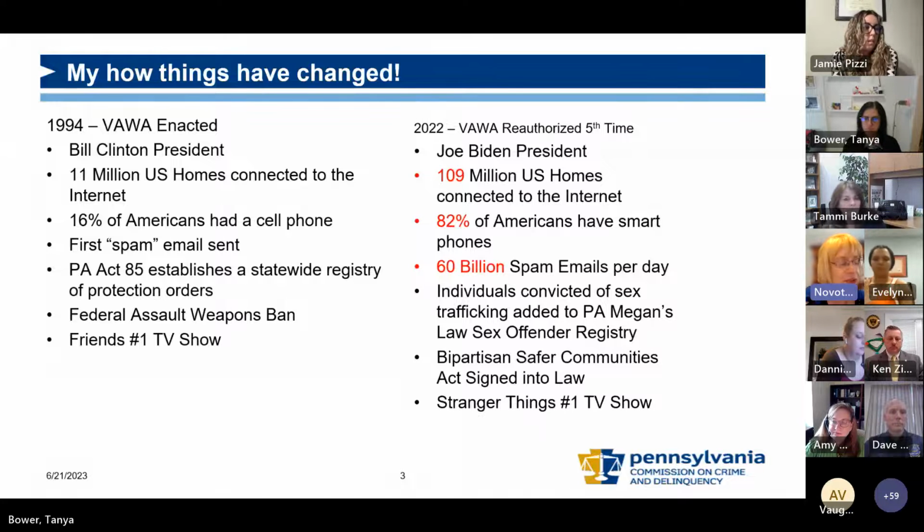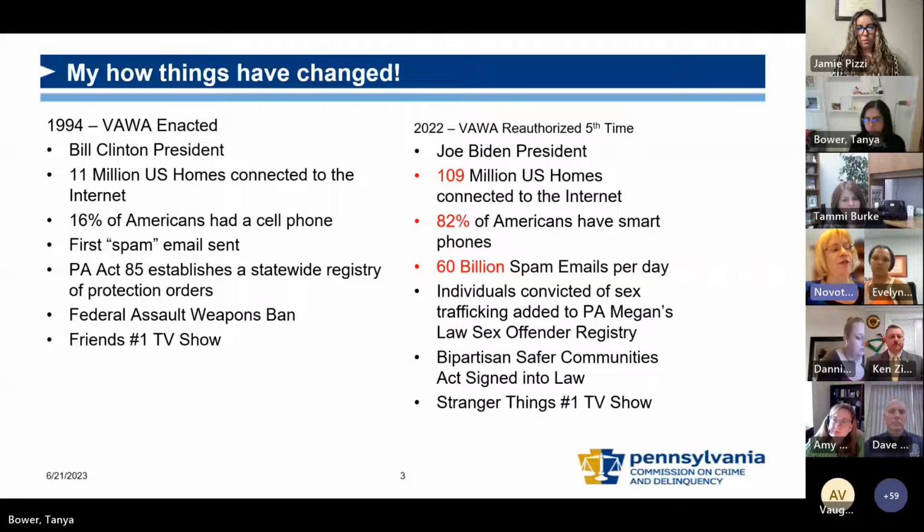Very few people used the internet, and spam emails didn't even exist. At that time, only 11% of us were connected to the internet, and streaming services like Apple Music, Netflix, all of that, they weren't even a thing.